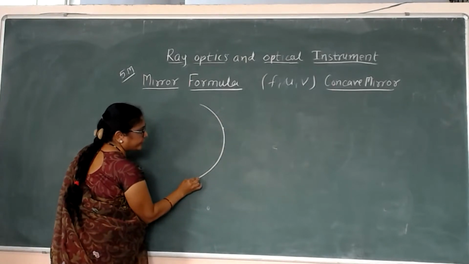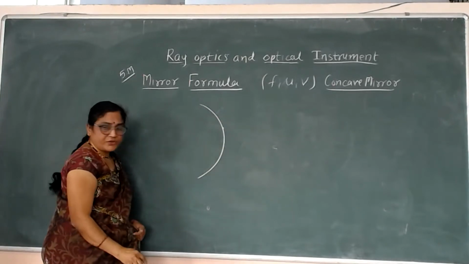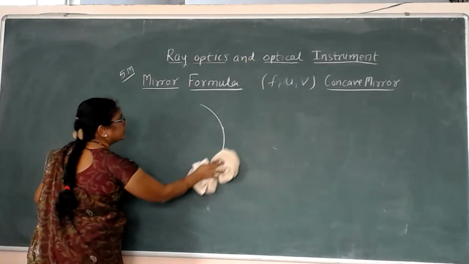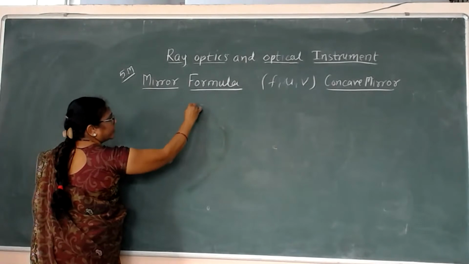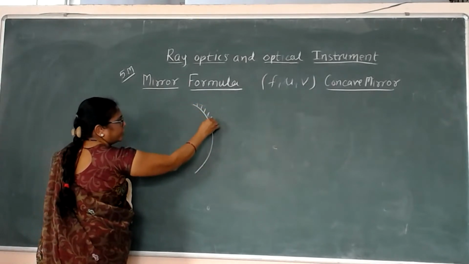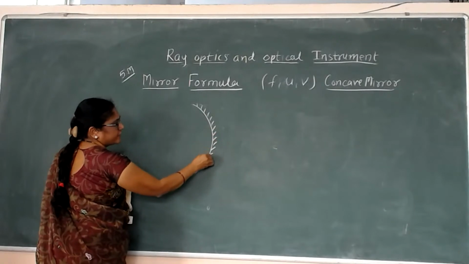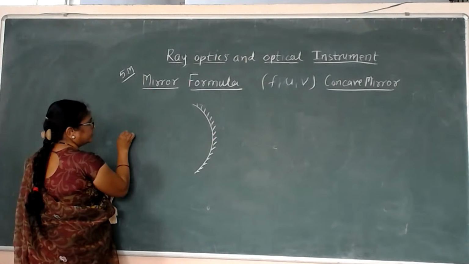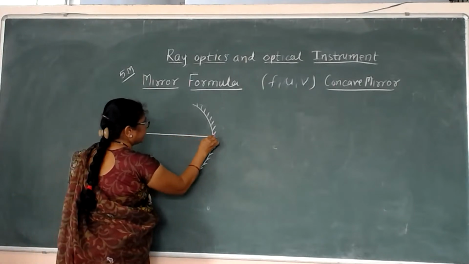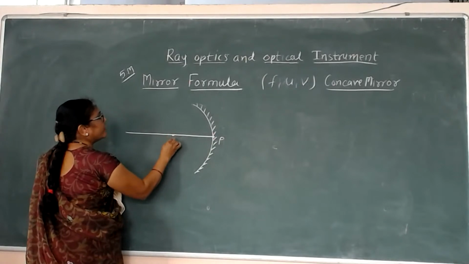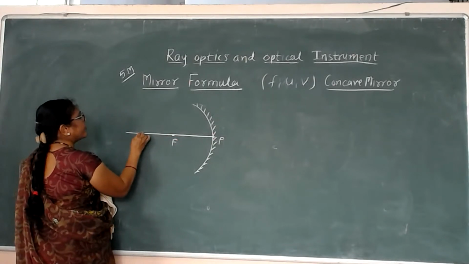Take the concave mirror, and in front of it take the object. The polished surface is on the outside. Draw a straight line passing through the pole, principal focus, and the center of curvature.